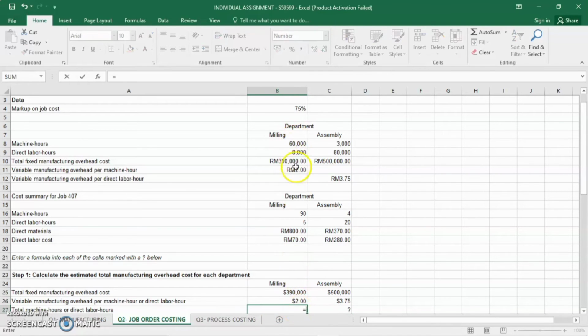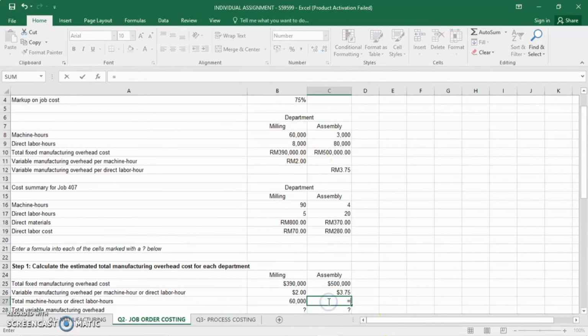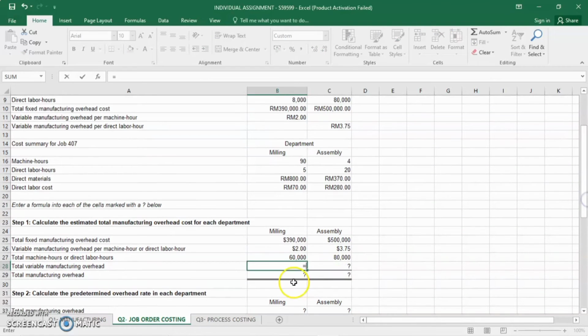Total machine hours for milling department 60,000, and for assembly total direct labor hours 80,000. And then to get variable manufacturing overhead, variable manufacturing overhead per machine hour times total machine hours for milling, and for assembly variable manufacturing overhead per direct labor hour times total direct labor hours.